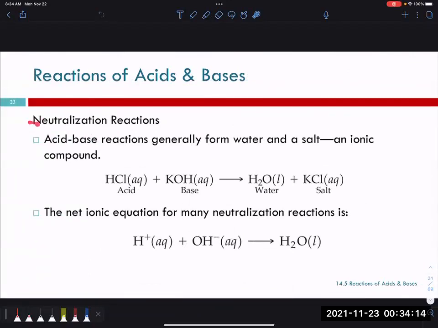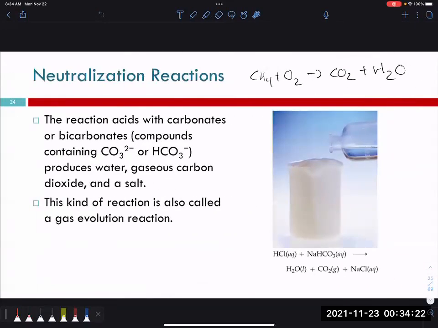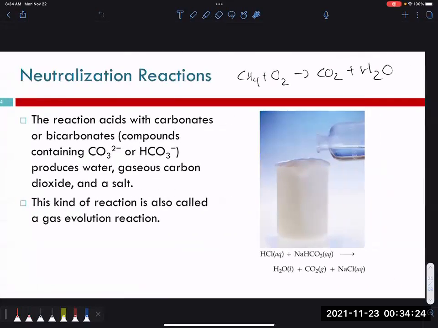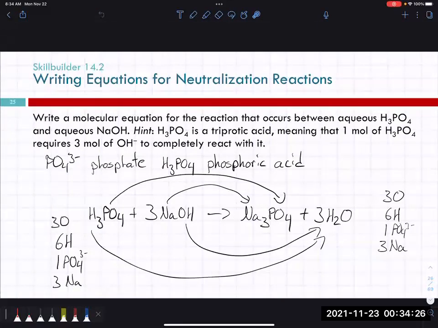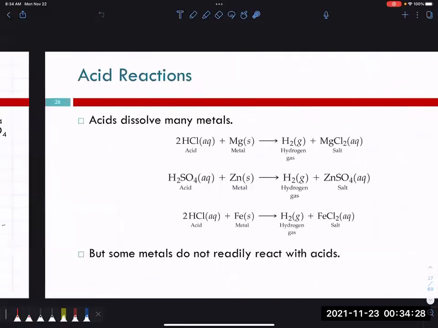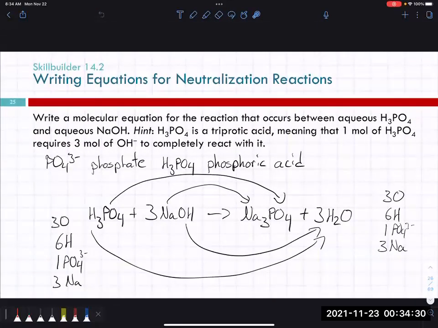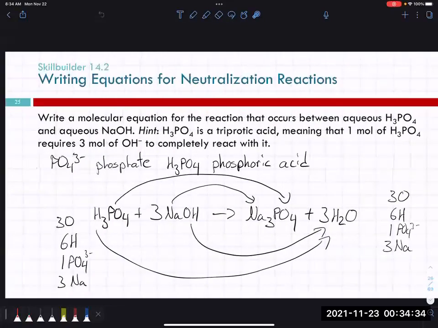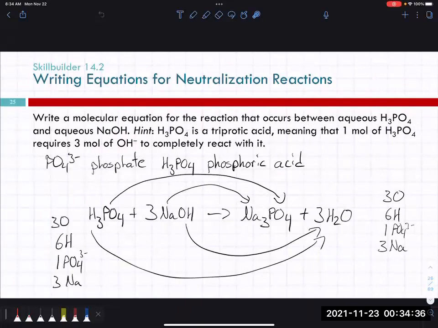These neutralization reactions are always an acid and a base. They produce water and a salt. Sometimes we can produce gases. Okay, I think that brings us back up to where we were. So this was just writing a reaction out.